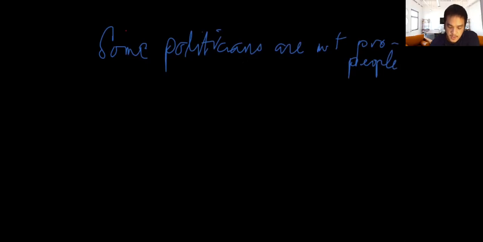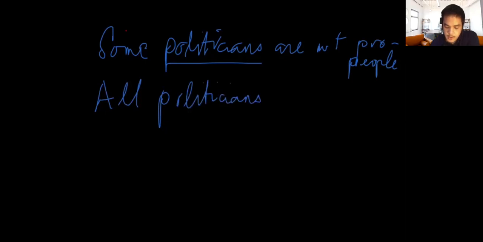So since this is your middle term, it becomes all. It cannot be some. All politicians. Since we cannot repeat some, it becomes all.